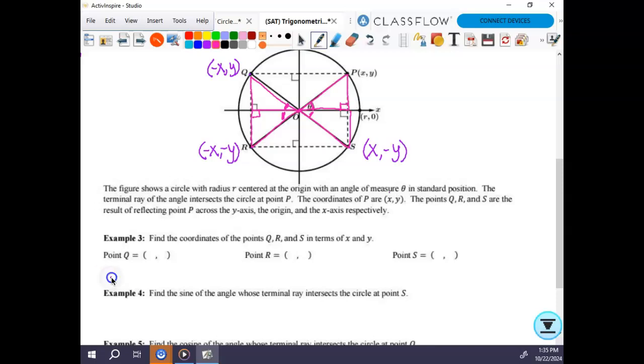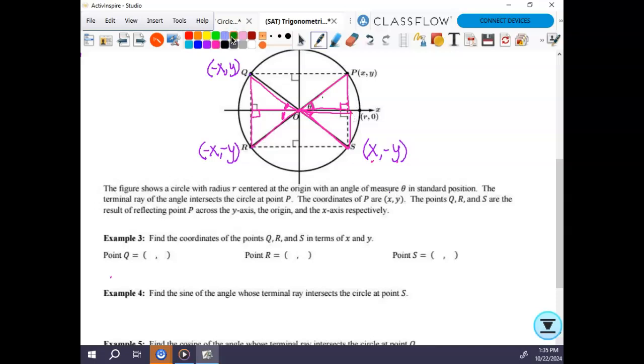So when we look at example 4, it says, find the sine of the angle whose terminal ray intersects the circle at point S. I really think it would probably say something more like the sine of the angle, and give you some other stuff, but then say it terminates in the 4th quadrant. By terminating in the 4th quadrant, that tells you your ordered pair is positive, negative, which means your x value, which is your adjacent side, is positive, and your vertical side, or your opposite, is negative.